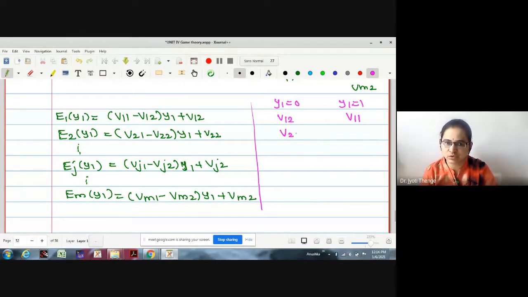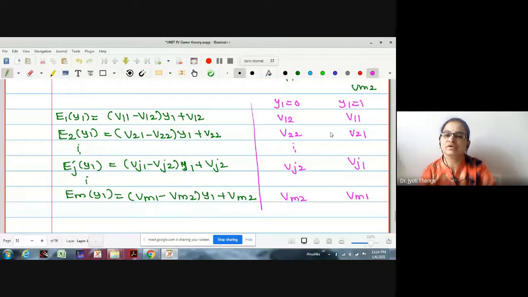This is v22, v21. Likewise, this is vj2, vj1, vm2 and vm1. Now what we will do again? We will draw the two axes, vertical axes with y1 equal to 0 and y1 equal to 1, taking a unit distance apart, and we will plot all the lines and then join the lines.